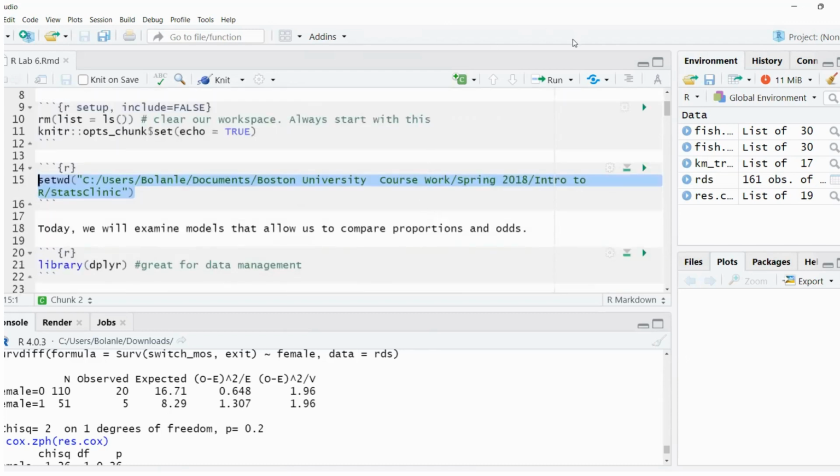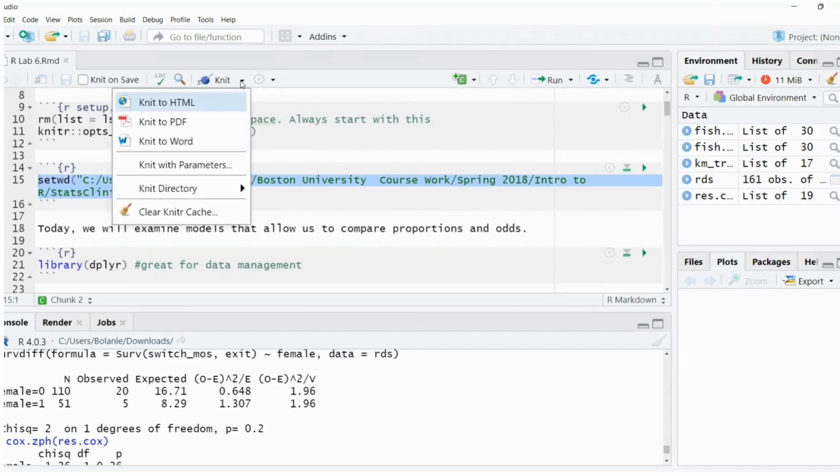So I'm running this now. I've set the working directory again. Oh, the same error message. And you did this knit to Word? Yes, knit to Word. Yeah, I did it.